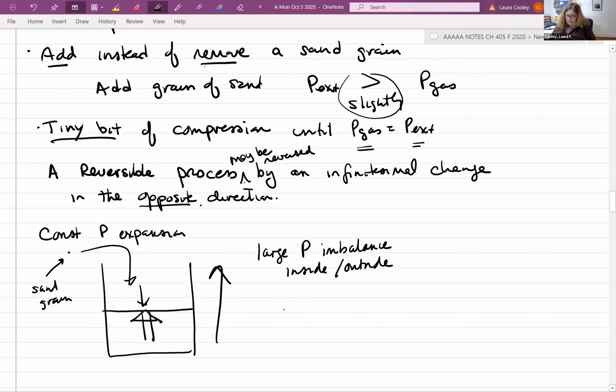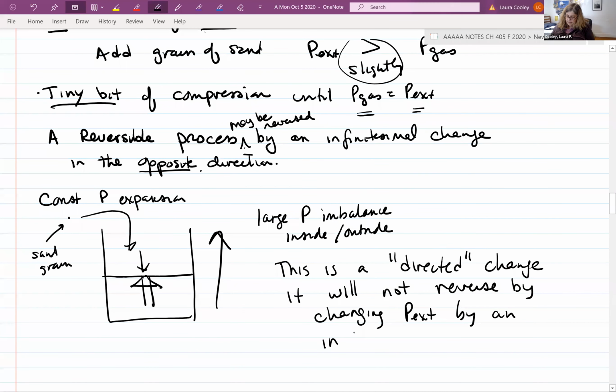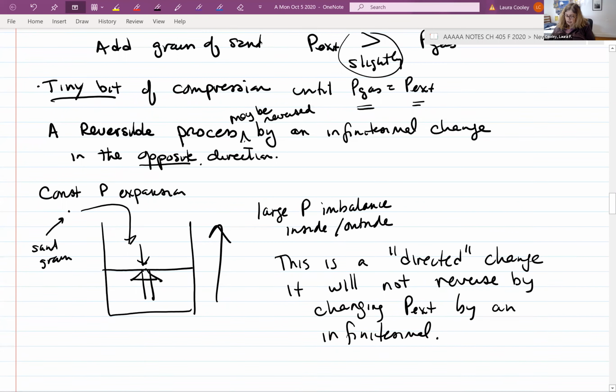No. This is a more directed change. It will not reverse by changing the external pressure by an infinitesimal. I'd have to drop a rock on this thing for it to stop, something much heavier.